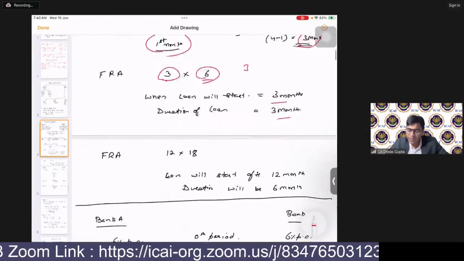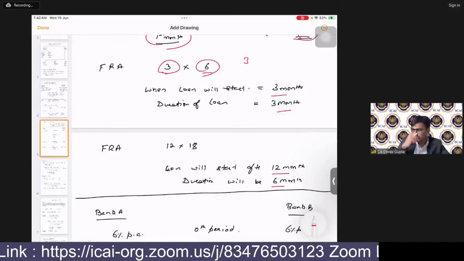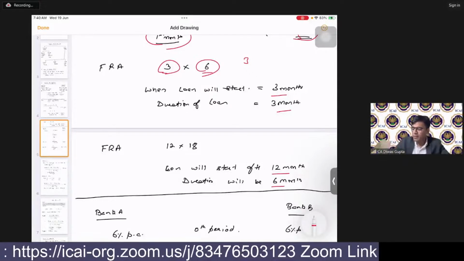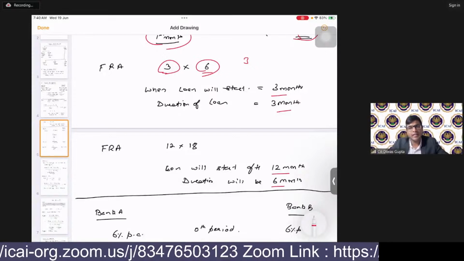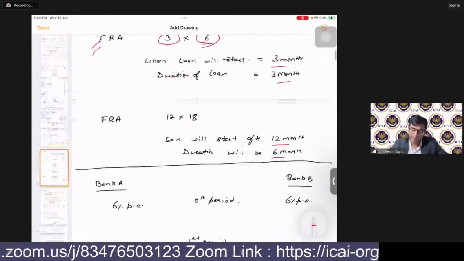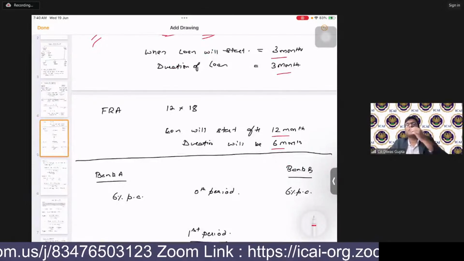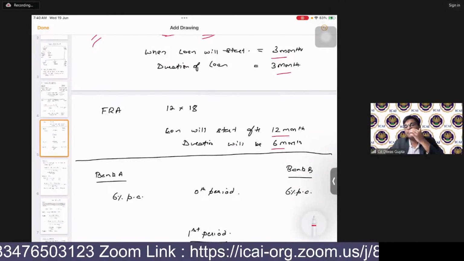So FRA 12/18 will mean loan will start after 12 months and it will have a duration of 6 months. Yes, Manish, I've got a response now after 3 months. Yes, perfect. So here it is 12 months and 6 months. Perfect. Duration will become 6 months.